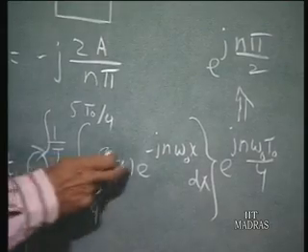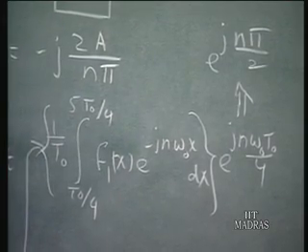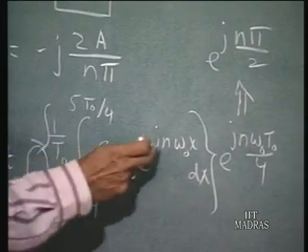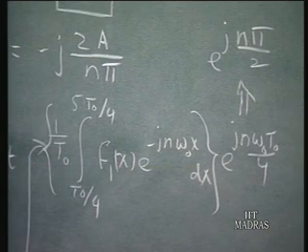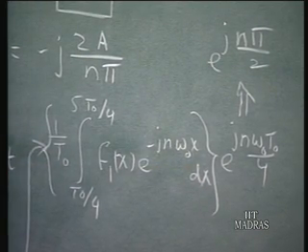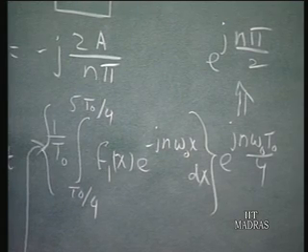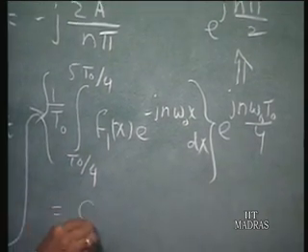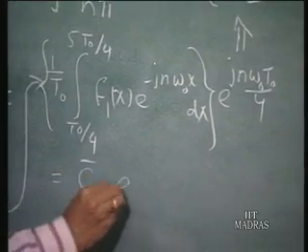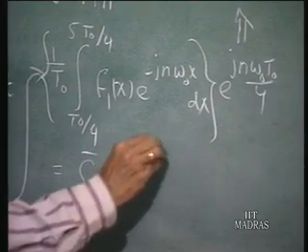After all, x is a dummy variable here, you can go back to t: this was f1 of t times e power minus jn omega naught t dt. This is exactly the formula for evaluating Cn1, because we are integrating over a complete period. Therefore, this will become Cn1 multiplied by e power jn pi upon 2.